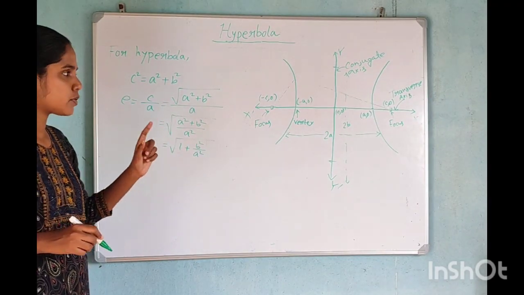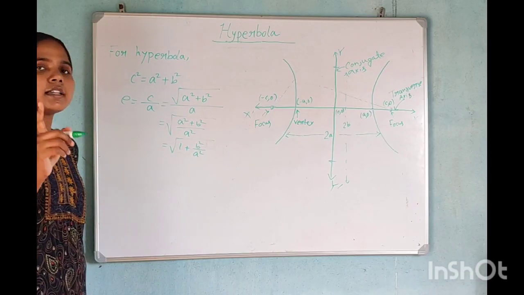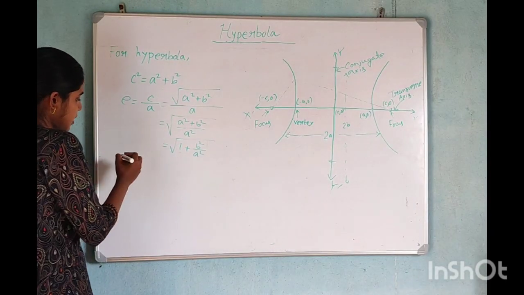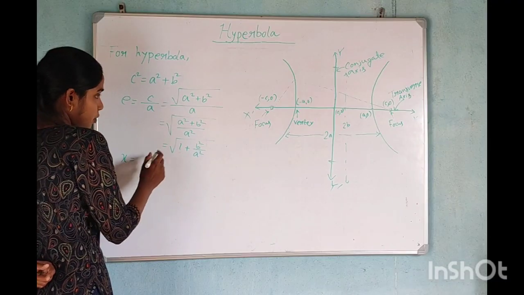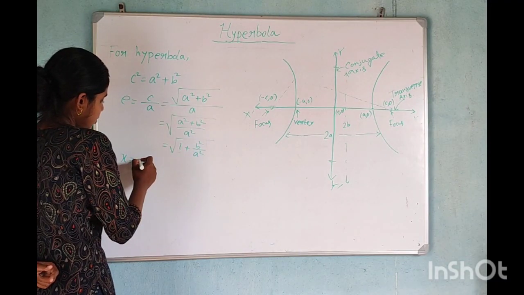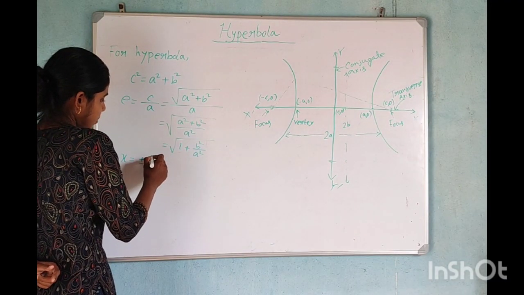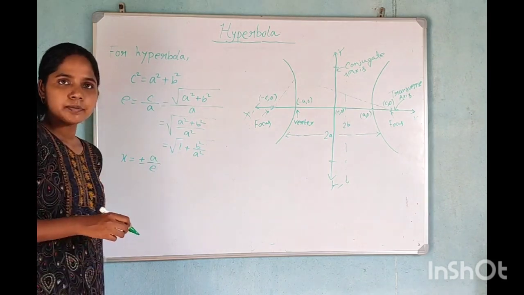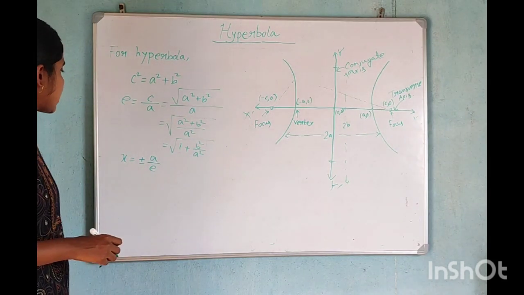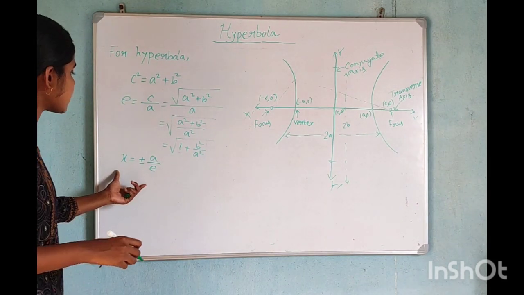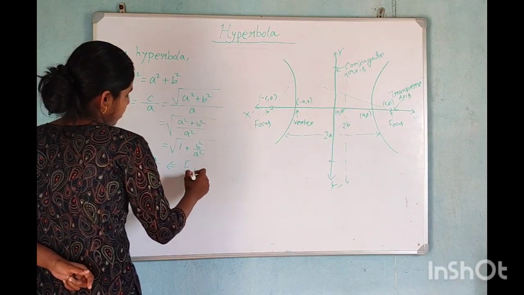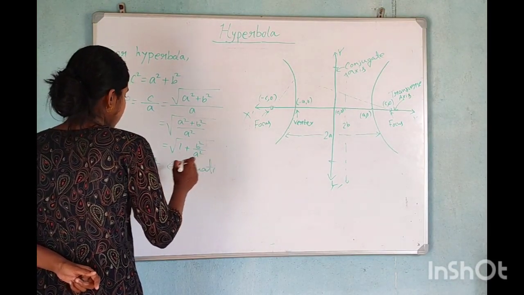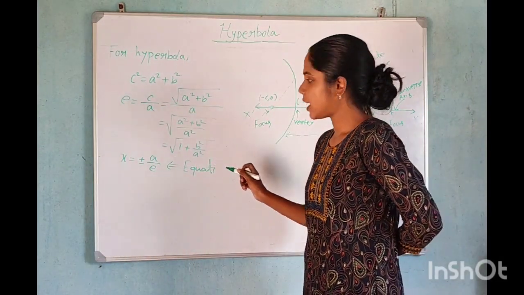Now directrix. The directrix formula for both the ellipse and hyperbola, for this standard form, is x equals plus minus a by e. This is the equation of directrix. This is true for both ellipse and hyperbola.